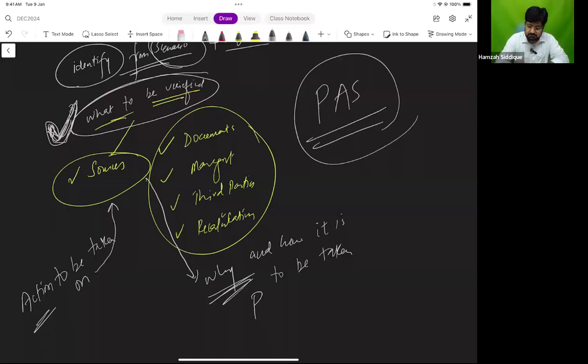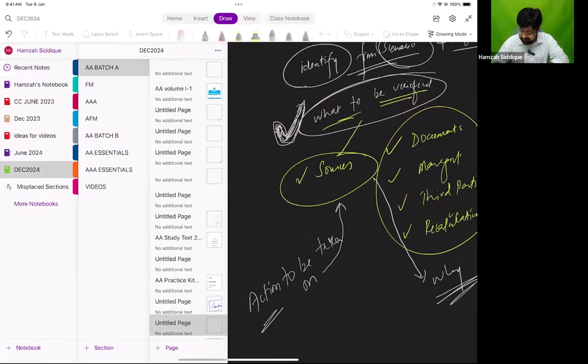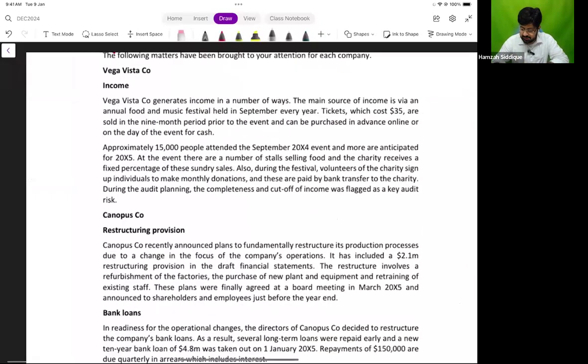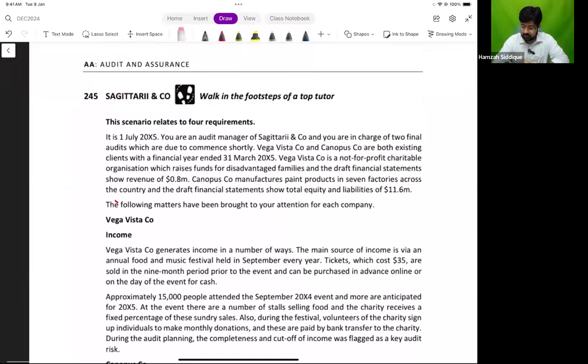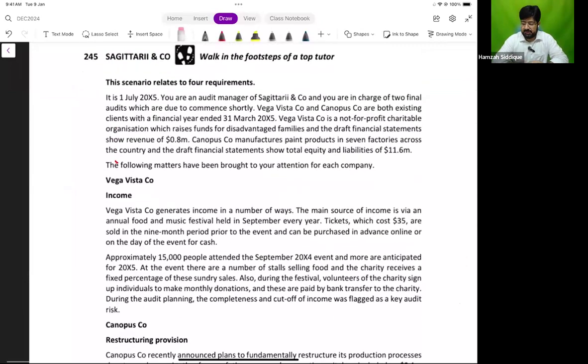Now, so the point is, Sagittari company. Sagittari company. This question is in front of you. And a very good question it is, by the way.